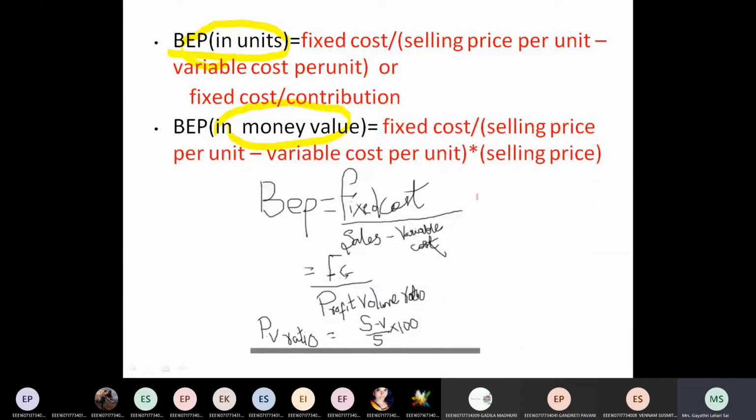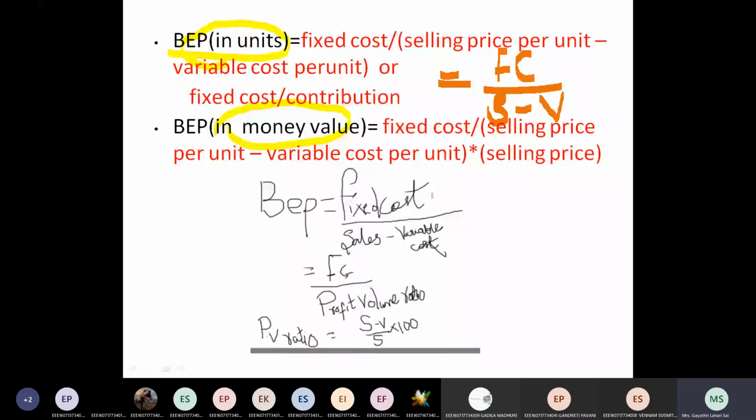Break even point in terms of units is equivalent to fixed cost divided by selling price per unit minus variable cost per unit.